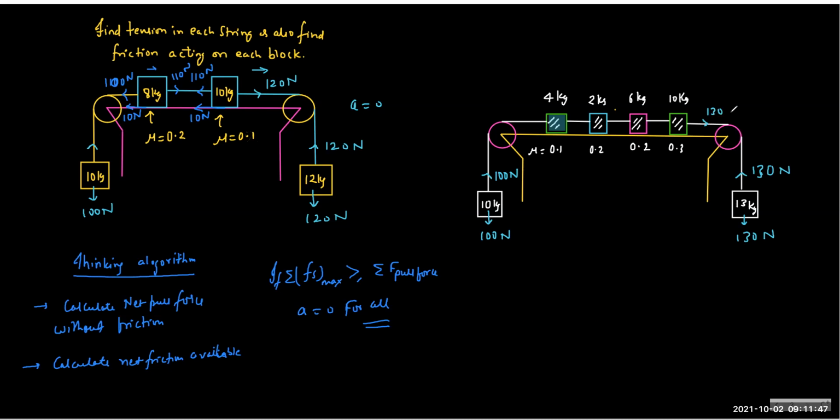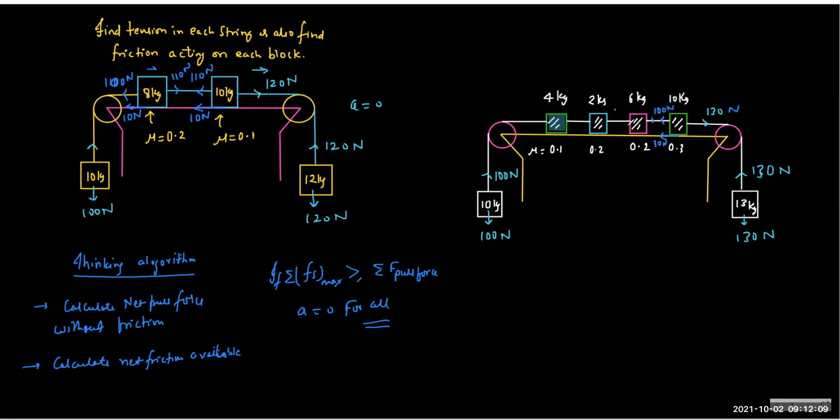Okay. Now the friction can balance up to what value? 30 newtons. So 30 to balance, and the rest 100 will come from tension, and so that's 100.